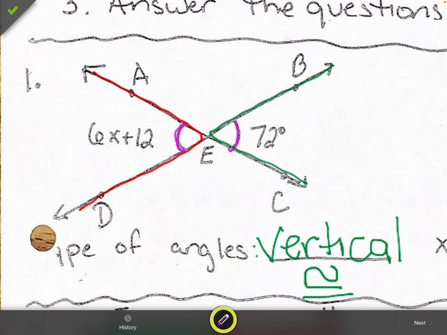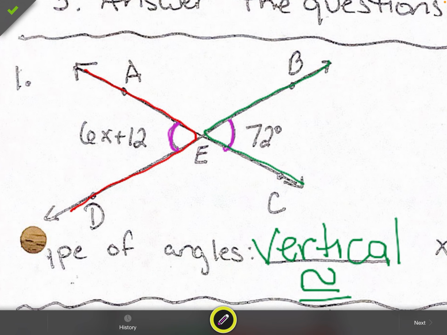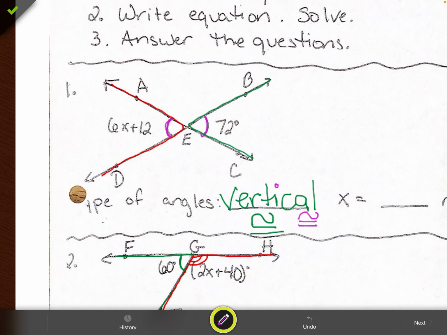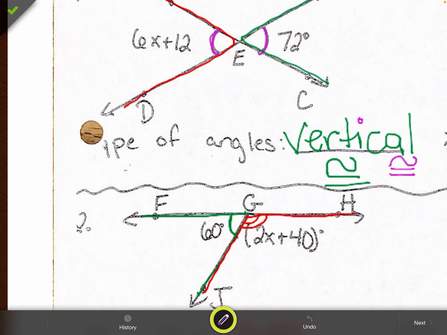Remember, that's my symbol for congruent. It's kind of hard to read. Right now that's all we want you to do, because on Tuesday when we come back to school, we will be solving these.